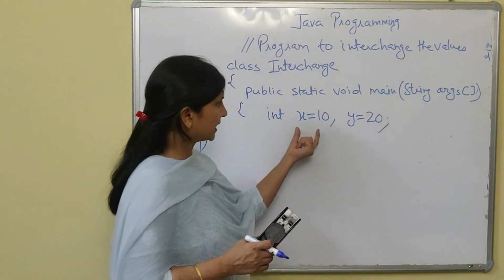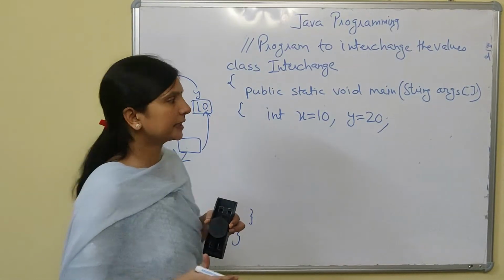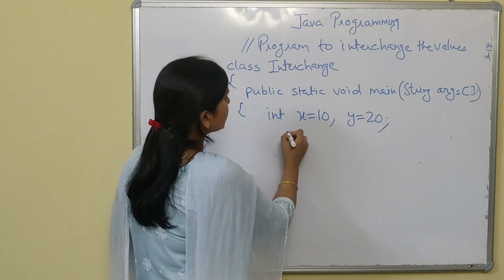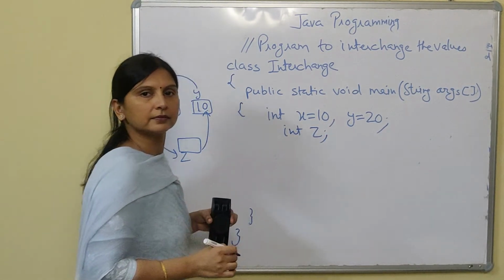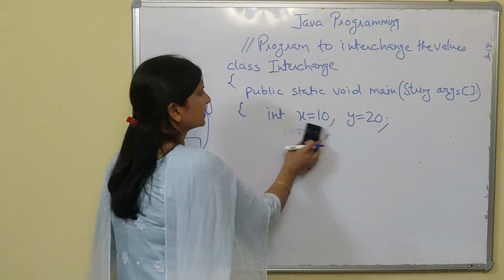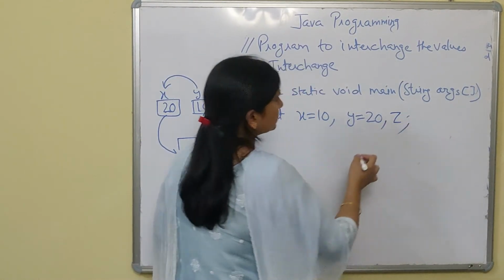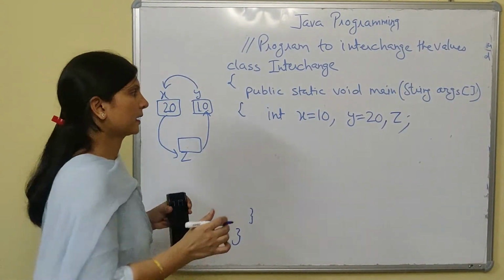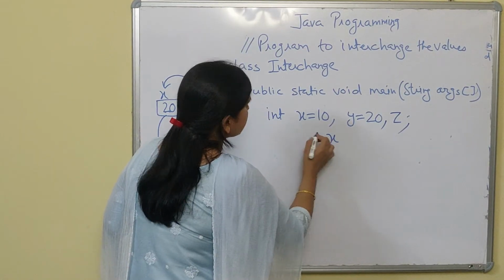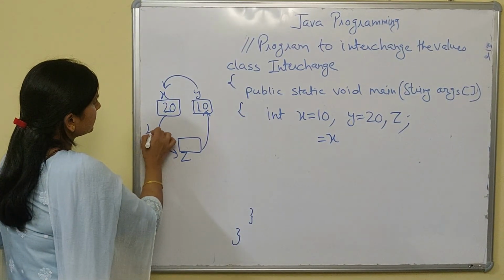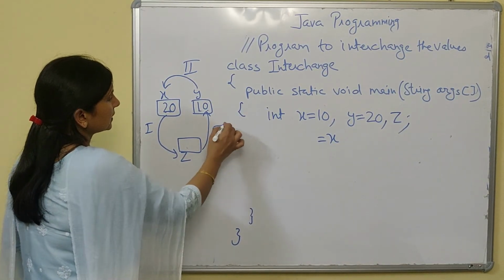So we have taken two variables, x and y. X is 10, y is 20. Fine. So what we will do, we will take a third variable z. Or you can declare the variable in the same statement. Now the first step is to assign the value of x into z, this is first, this is second, and this is third.